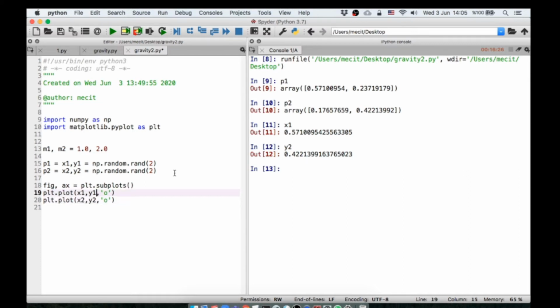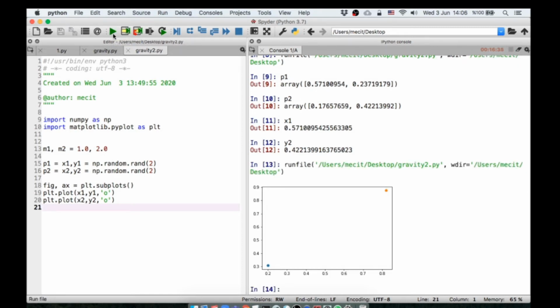So here are my 2 points. I want to run it as this simply to see what I get. Okay, good. I have 2 points. Colors are different. Okay, but they're on the corners of this rectangle, which is somewhat arbitrary because I didn't specify the x and y limits.